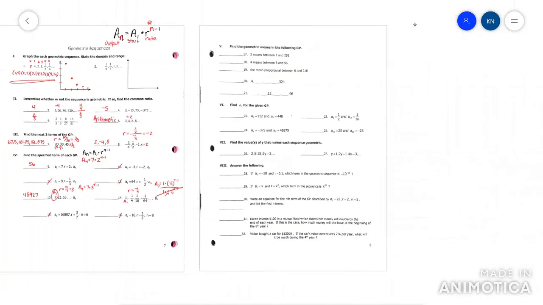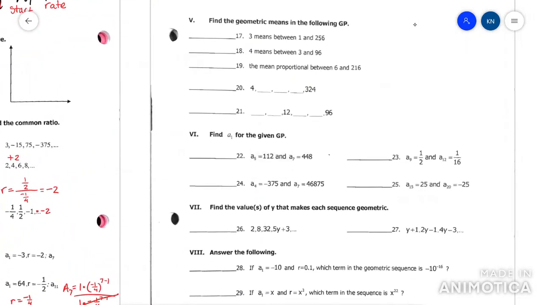Let's look at this next page. If they say they want 3 means between these two numbers, basically they're saying your first term is 1, then there's going to be 3 geometric means there, and then 256, right? So if you think about this, here's A1. That means this is A2, A3, A4, A5.